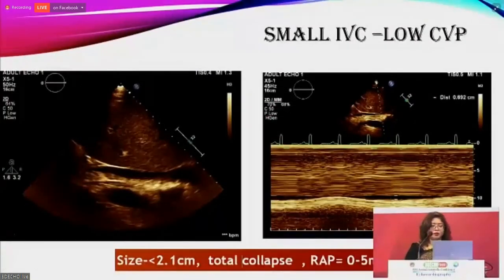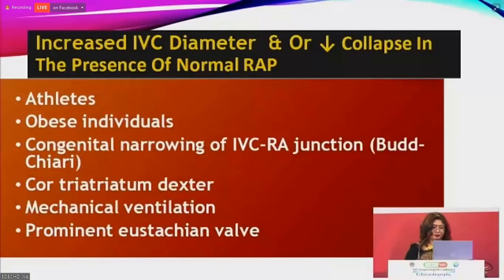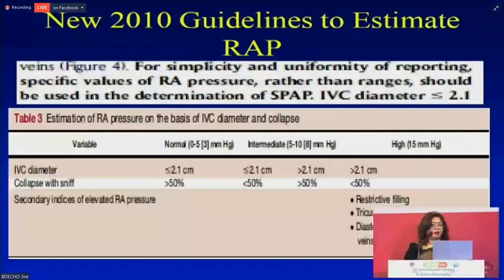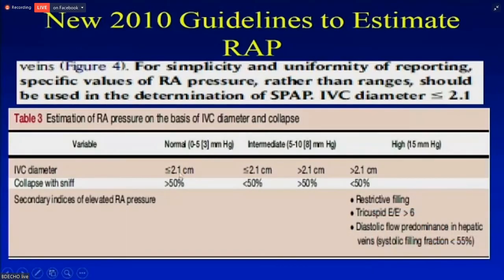As a smaller IVC. And the new guidelines suggest that the RA pressure is measured as follows: if the IVC diameter is 2.1 centimeters or less and the collapsibility is more than 50 percent, it is the normal RA pressure, that is 0 to 5, average 3.